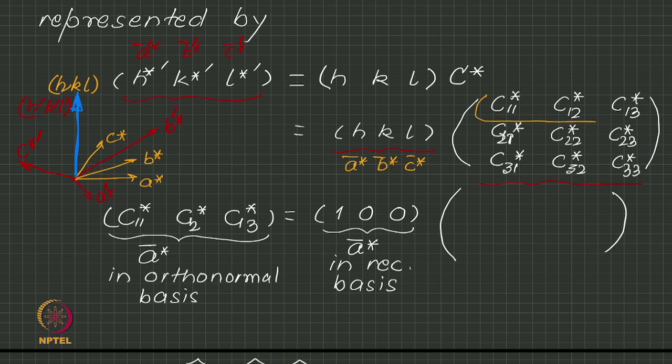This will pick out the first row, which means the first row of the transformation matrix is nothing but A star transformed into orthonormal basis, because the RHS is the vector in orthonormal basis.